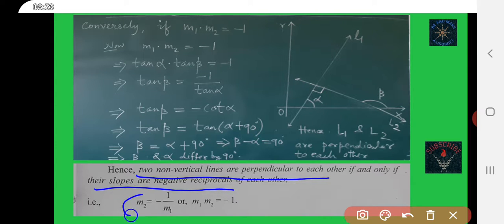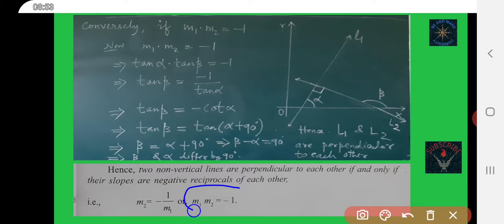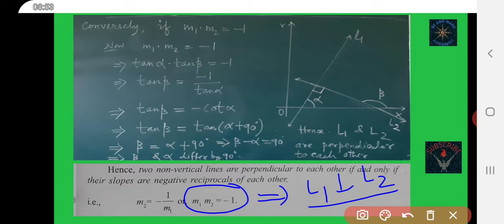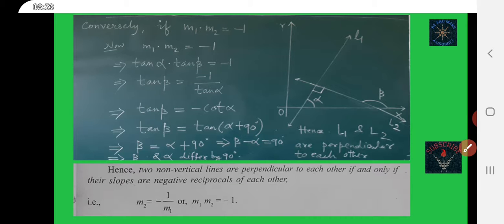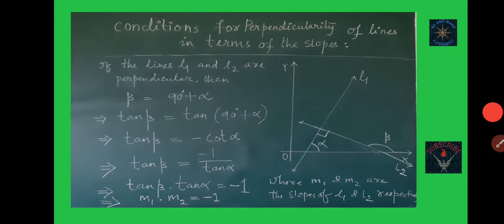Here m2 is equal to minus of 1 by m1, or you may write m1 into m2 is equal to minus 1. If m1 into m2 is equal to minus 1, then we can write L1 perpendicular to L2. L1 and L2 are perpendicular to each other.